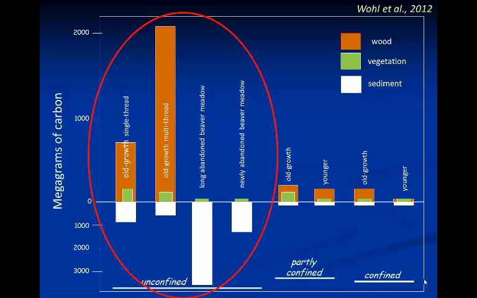And these first 4 bars are all valley segments that were very wide, low gradient, and had either old growth forest or beaver dams. And if you look at the size, the vertical extent of those bars, there's a lot more carbon stored in those types of valley segments than where you have either a more confined valley segment or younger forest or no beaver dams.